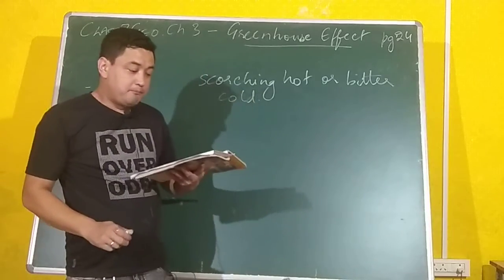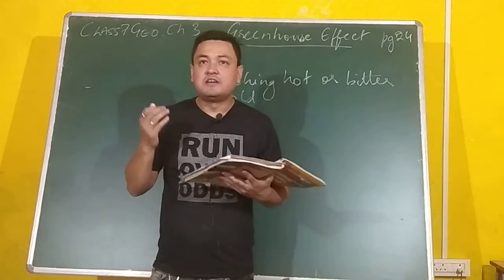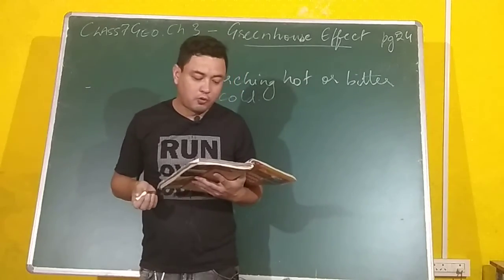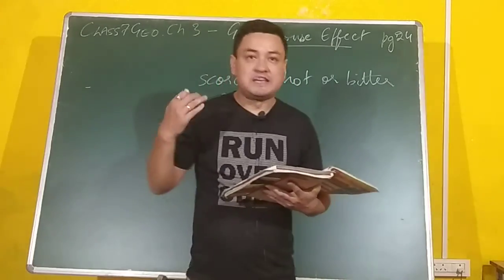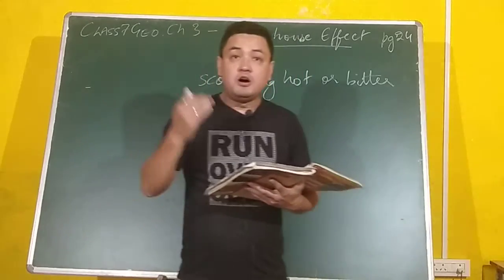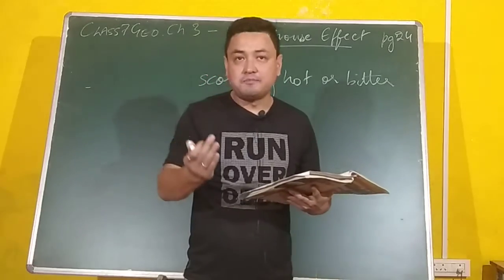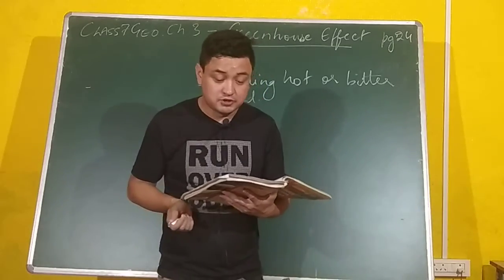But our Earth basically has an equilibrium temperature, neither too hot nor too cold, because Earth's surface has a relatively mild, stable or constant temperature. Earth enjoys these temperatures because of its atmosphere that we learned about in the previous chapter, chapter number 2.